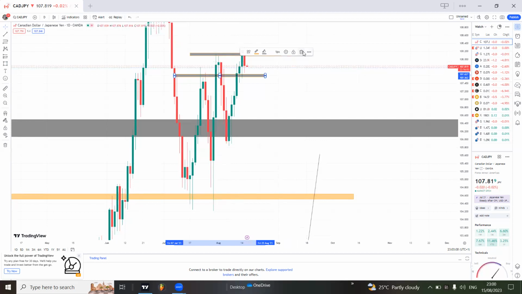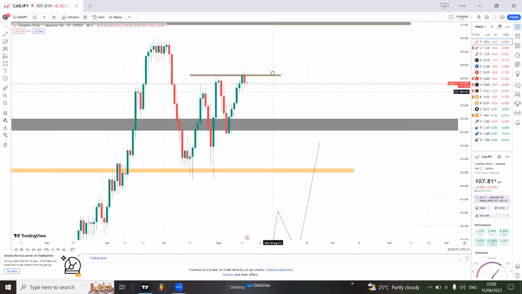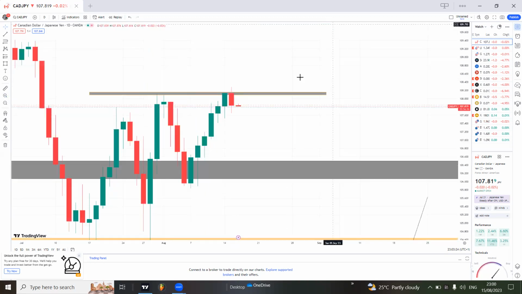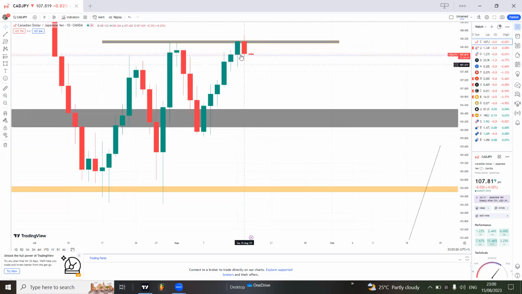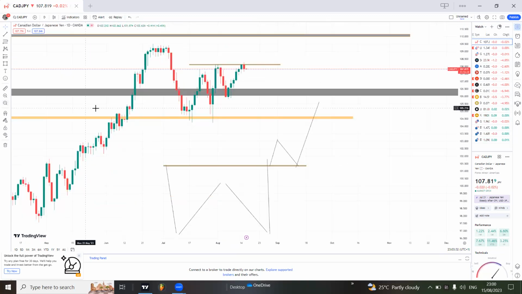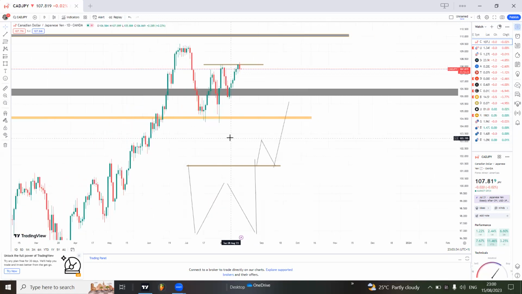I won't delete this because this is our new zone here. Now you see, price was unable to break it. Now they're giving us two chart patterns. I will call this a tweezer top. But the price seems to be going up.